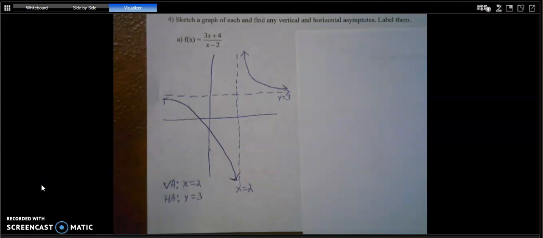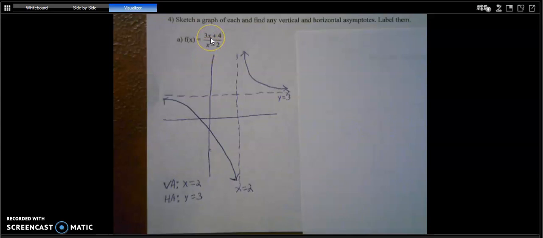So here's the first one, f of x equals (3x + 4) over (x - 2). So notice that nothing reduces out, so there's no common factor, so there's no removable discontinuity. And then we see the vertical asymptote at x equals 2. And then, as the x value gets very large, for example, if you put 100 in for x, you would have 300 divided by 100, which is 3.